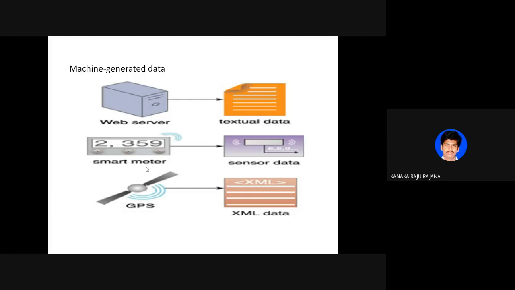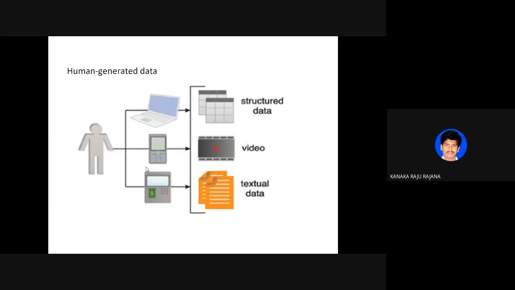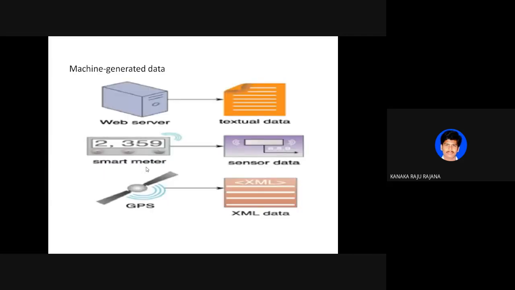So these are some of the basic examples of machine generated data. Now the most important point is that you need to be aware of human generated data as well as machine generated data. Like this we may have n number of examples, whatever they may be. All these data are analyzed by those analytic techniques which we learned in our class.